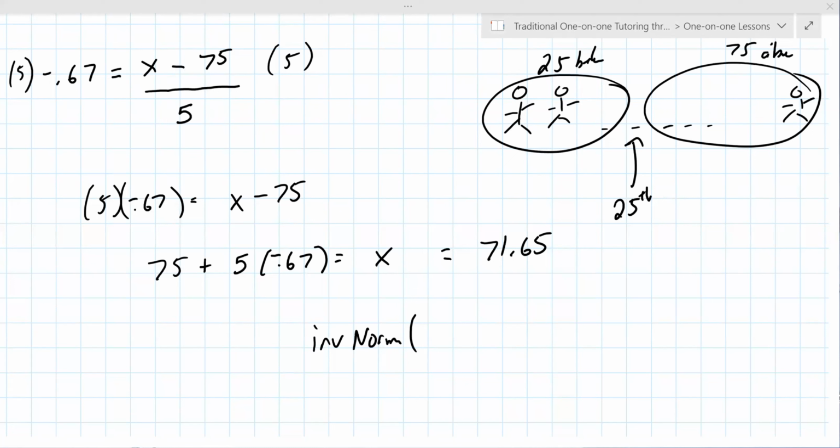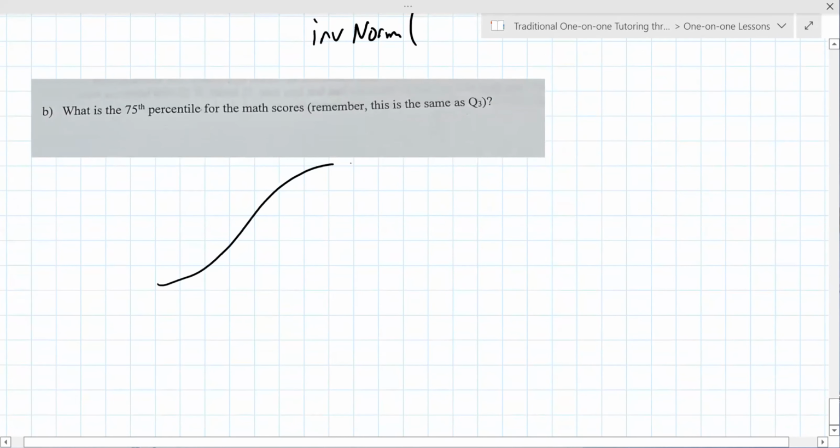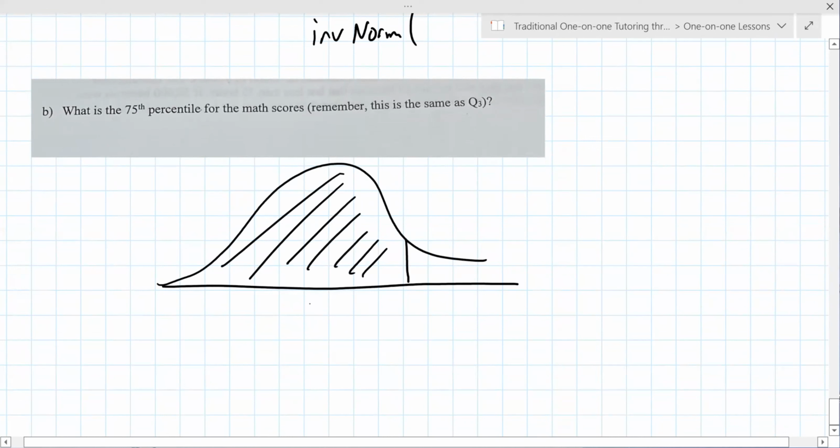If I could get to the right screen. Okay. What is the 75th percentile? So this is really similar to what we just did, except you're going to change one number. This time we want 75% of the area over here. So in your problem, you're going to do an inverse norm, 0.75.